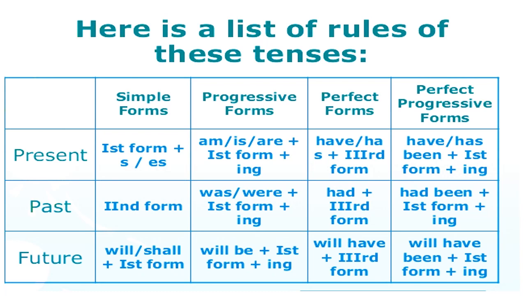Now, at the beginning, I want to give some note about this table. We can note first form of the verb, second form of the verb, third form of the verb. What's the meaning of all these?